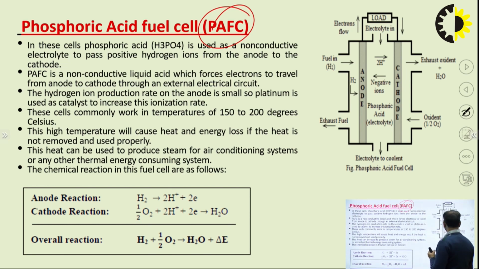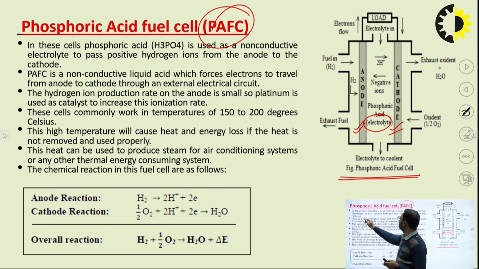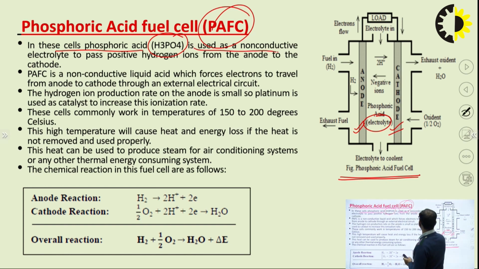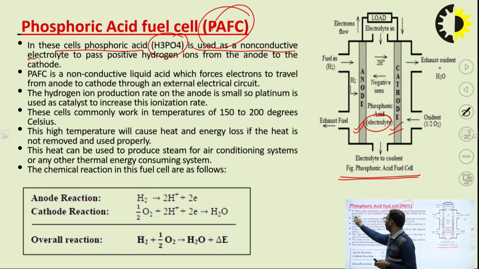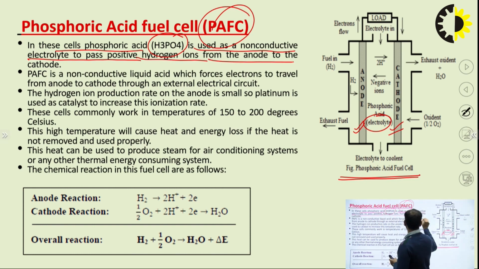This is the schematic representation of the phosphoric acid fuel cell. This is the anode, this is the cathode, and in between anode and cathode, phosphoric acid is the electrolyte. In this cell, phosphoric acid H3PO4 is used as a non-conductive electrolyte to pass positive hydrogen ions from the anode to the cathode.